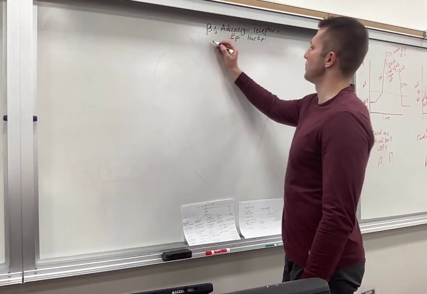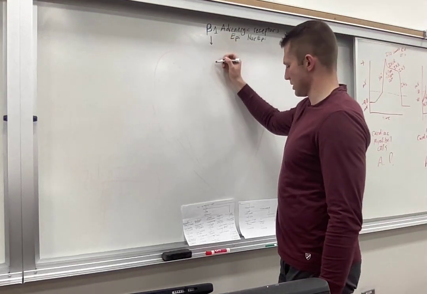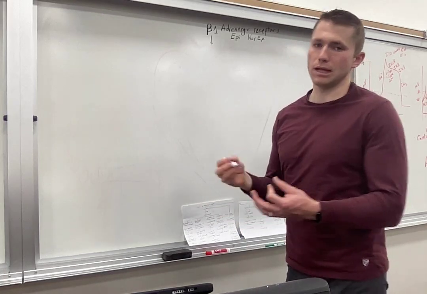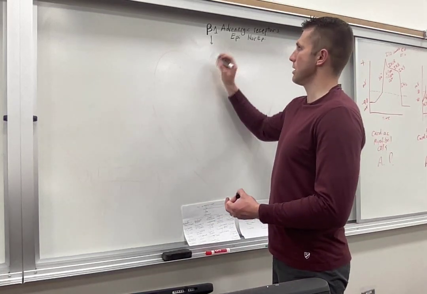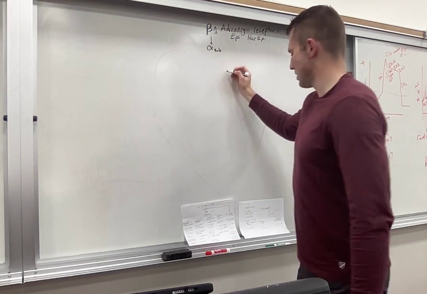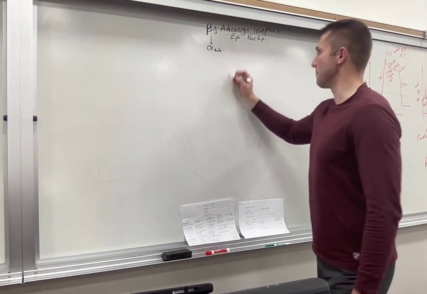But okay, so beta 1 is a G protein. So there's alpha, beta, gamma subunits on the G protein. That's going to cause this alpha subunit to come over here and do some magic.